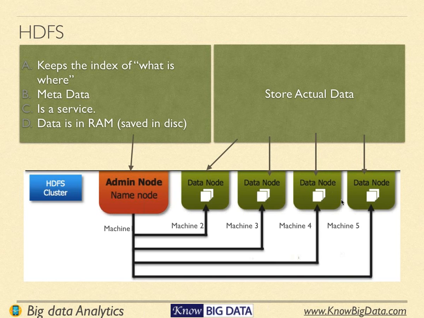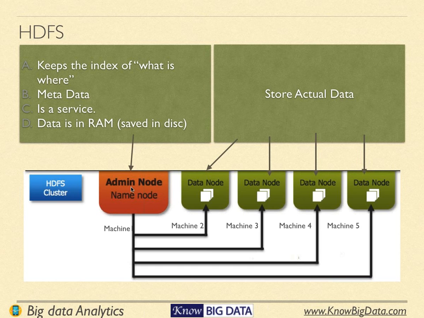So these data nodes will contain the actual movies, while the name node will just keep a list of records noting down which movie is where. That is the name node or admin node.